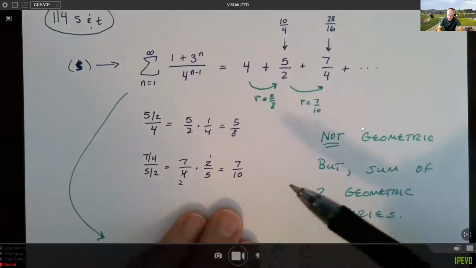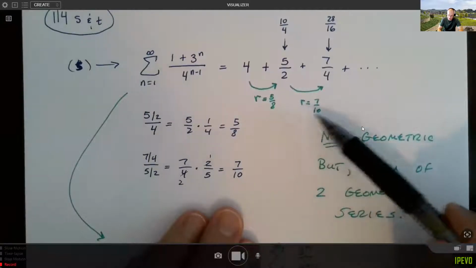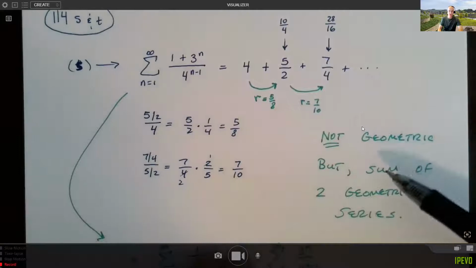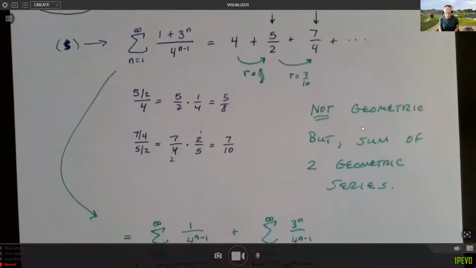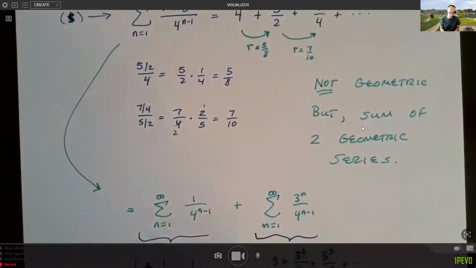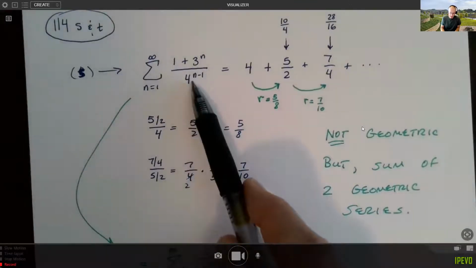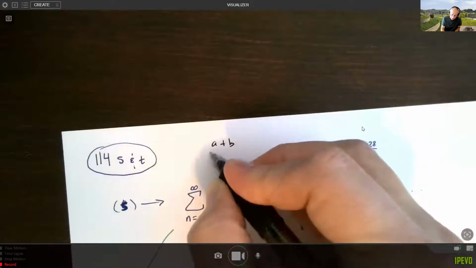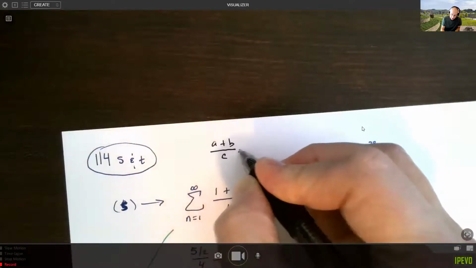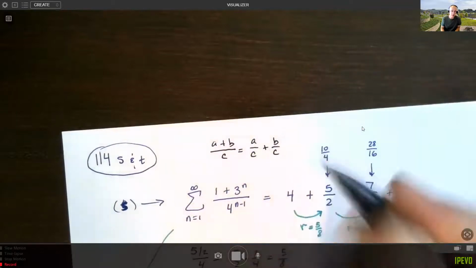Most series are not geometric, but this series is actually the sum of two geometric series that we're going to see are both convergent. And because of that, we can use the following summation properties. First of all, I can split this up into the sum of two fractions. Remember, in general, if you have A plus B over a common denominator C, that's the same as A over C plus B over C. I'm just going in reverse.